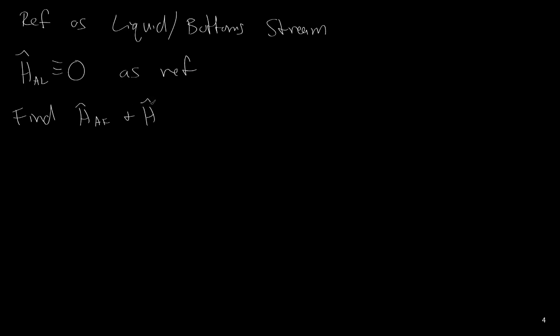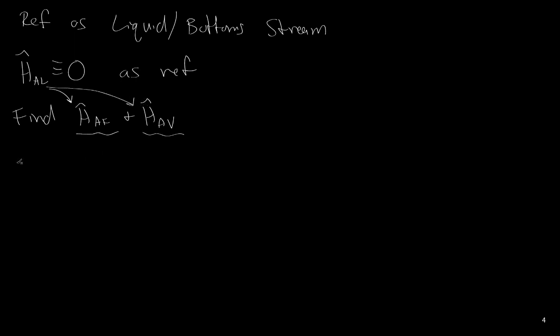And we also need to know H hat of A in the vapor. The same approach applies if we're starting with component B: we would just be calculating H hat of B in the feed and the vapor stream. So in order to calculate these two terms, we have to determine changes in enthalpy going from this state to that state and this state to that state.